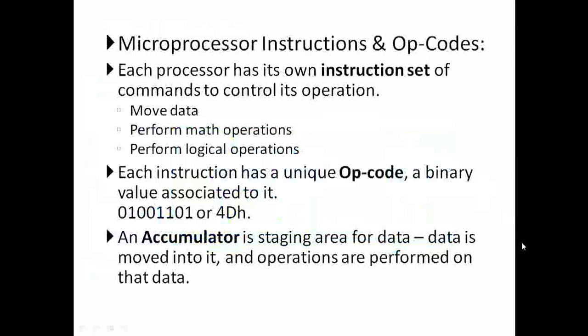And let us discuss instructions and operational codes, having the commands of moving the data, performing mathematical operations, and performing logical operations. So the instruction is a unique code with binary values associated to it.